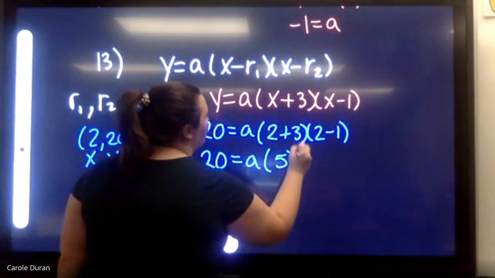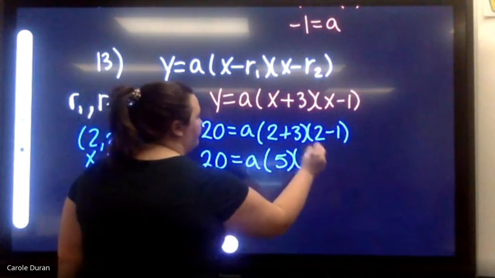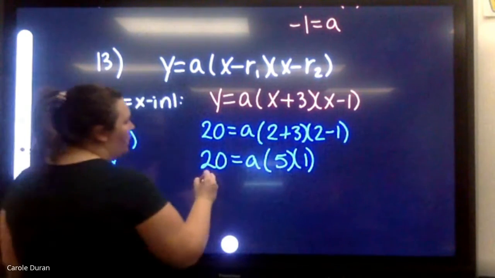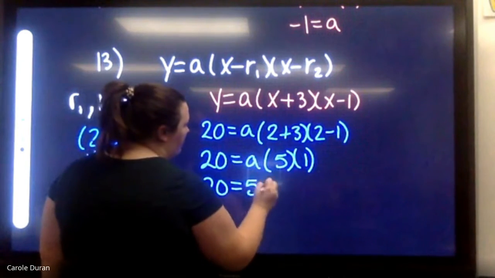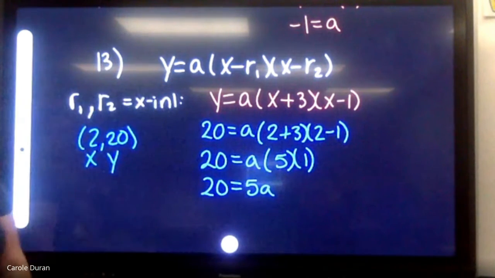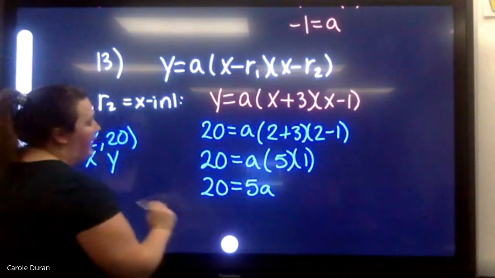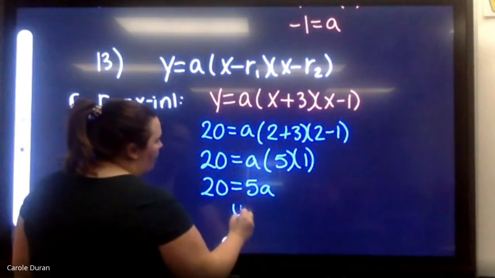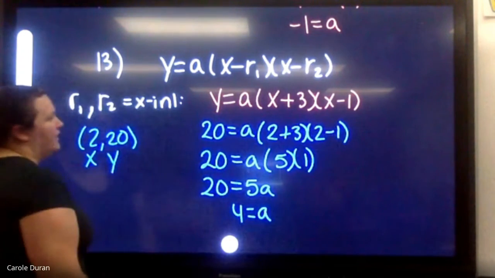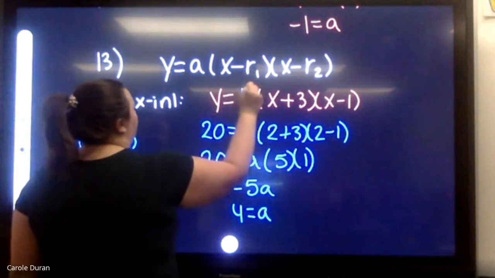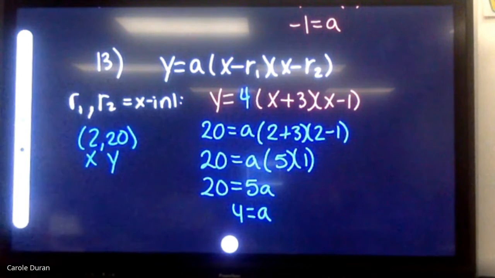And then what's 2 minus 1? 1. So then 5 times 1 just becomes 5, and then 5 times a is 5a. To get a by itself, I need to divide by the 5. And I get 4 equals a. So then I'd go back up to this, and I'd replace my a with the 4. That's all you do. And then, of course, to graph it, but it didn't ask, so you're good.